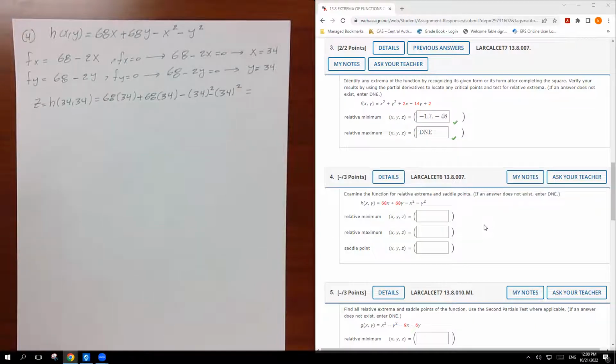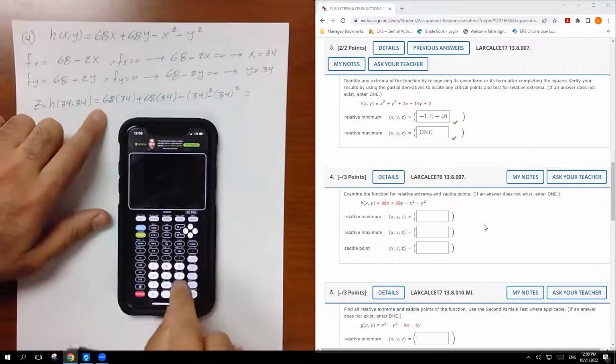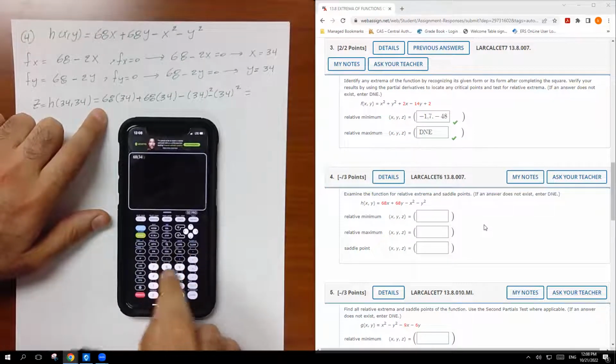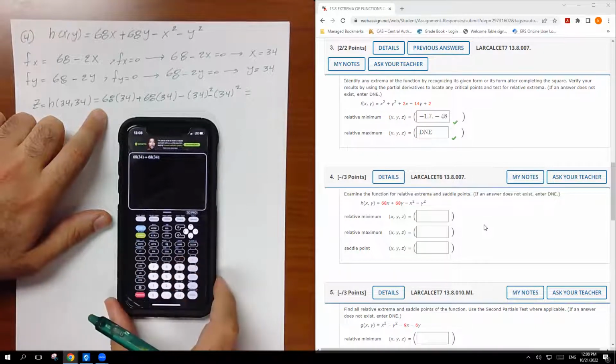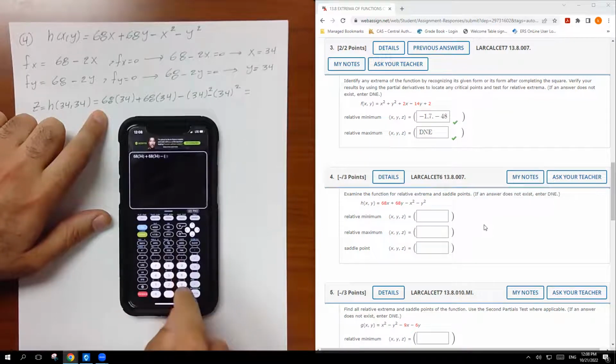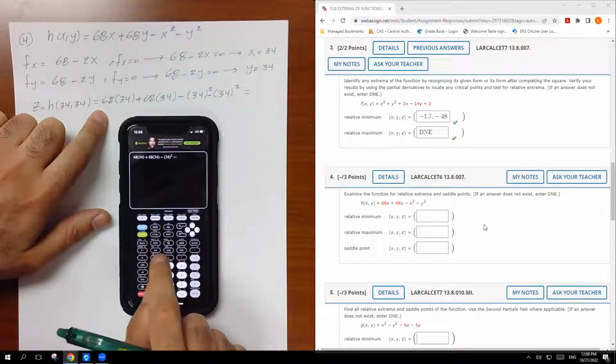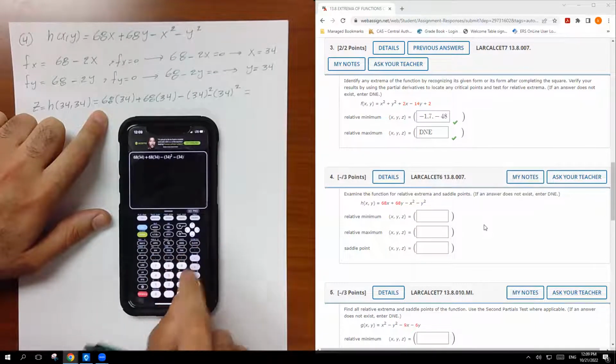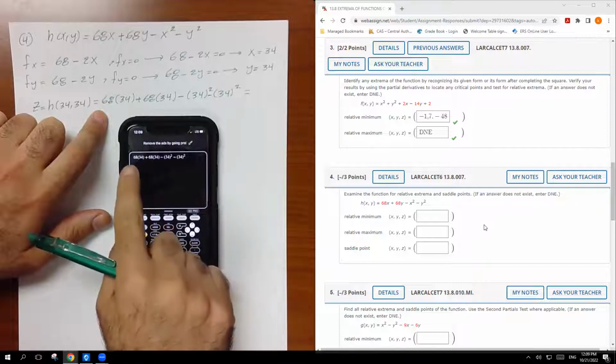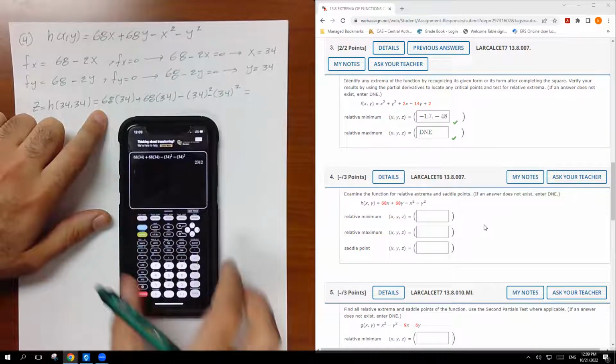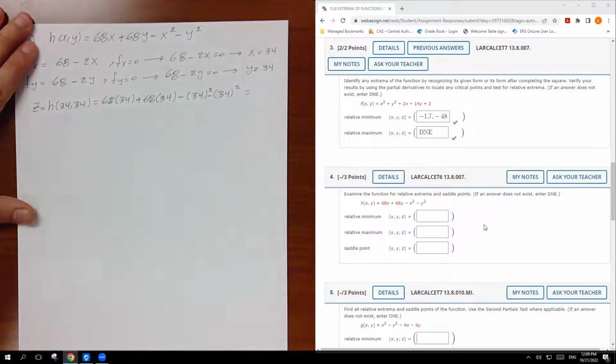Let's check everything is right. The result is 2,312.